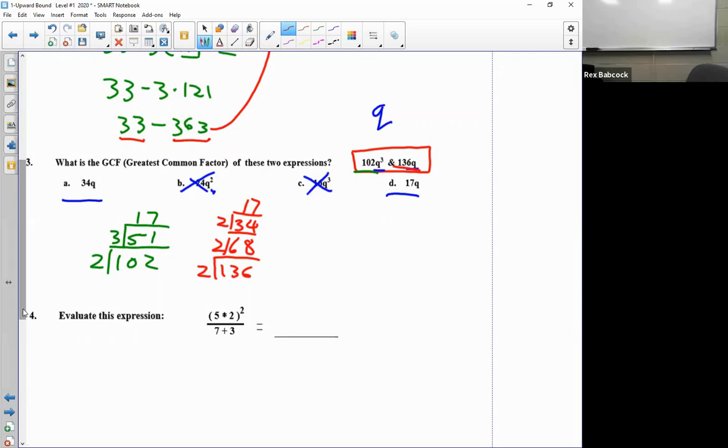What do they have in common? Do they have a 2 in common? Yes. And 17 in common. So that's 34 q. The answer is A. Hope you said A. There is no larger factor that goes into both of them.